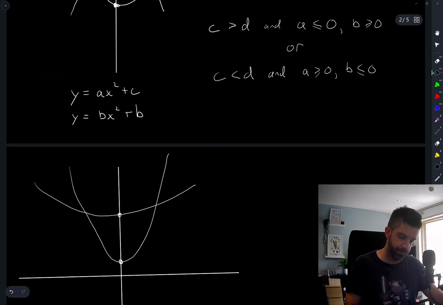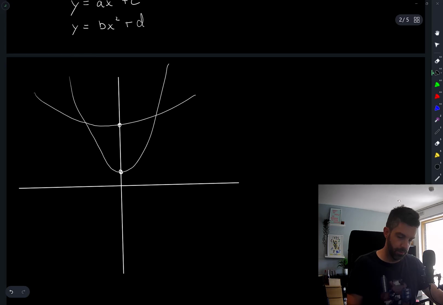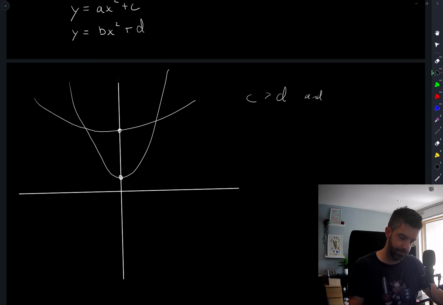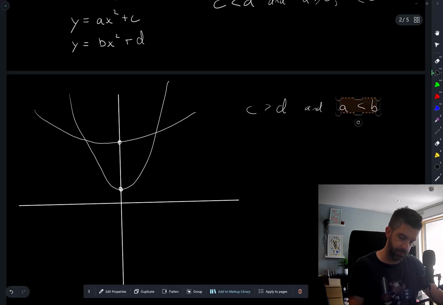Again, c is greater than d, and a is less than b, but both have to be positive.